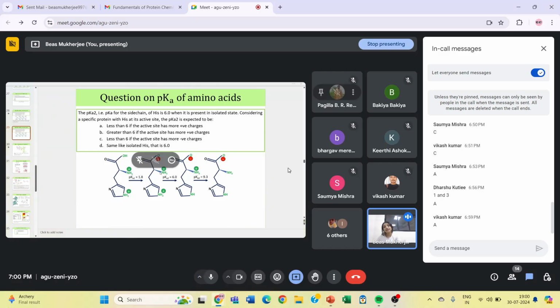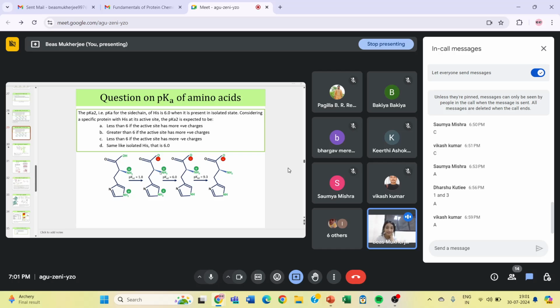The pKa2, that is the pKa for the side chain of histidine, is 6.0 when it is present in an isolated state. Considering a specific protein with histidine at its active site, the pKa2 is expected to be, okay, pKa2 here is actually the pKa for the side chain of the histidine.